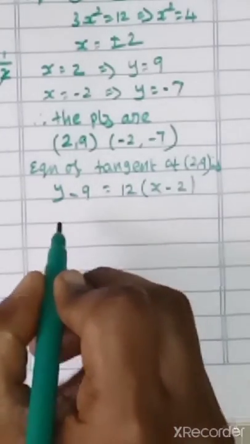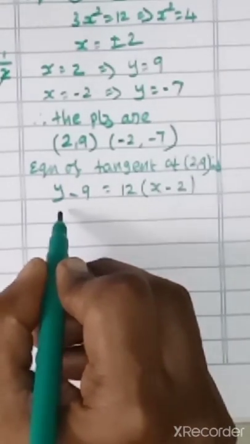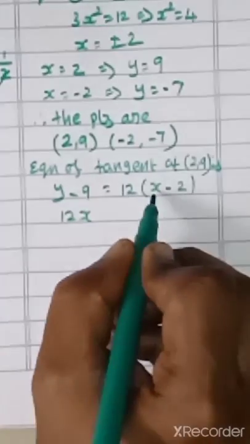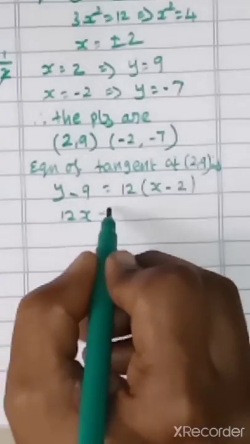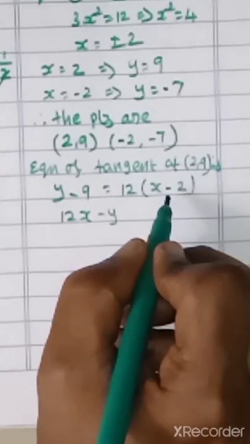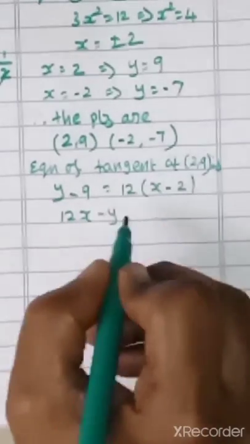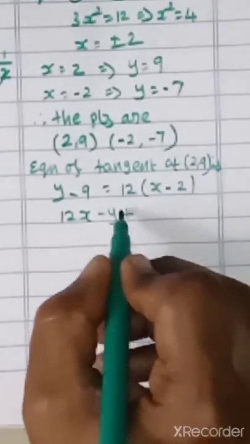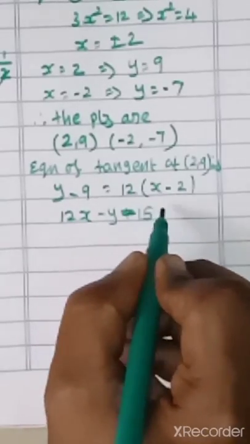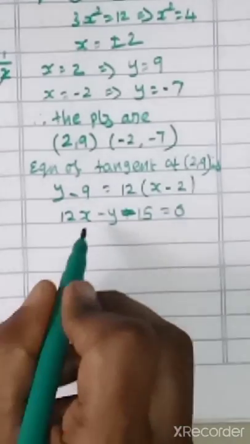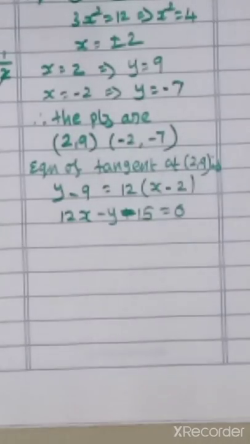And simplifying this, you will get 12x, and when you take y to that side, it will become minus y. 12 2s are 24. Minus 24 plus 9 is minus 15. So 12x minus y minus 15 equal to 0. So this is your equation of tangent.